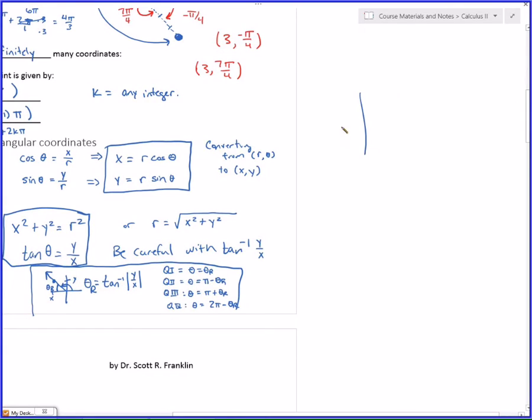But just remember, in quadrant 1, if your point was up here, and you found this angle right here, theta sub r, that's the same thing as the theta you're looking for. That's why theta and theta r are the same in quadrant 1. If I was in quadrant 2, taking the tangent inverse of the positive x and the positive y gives me this angle.